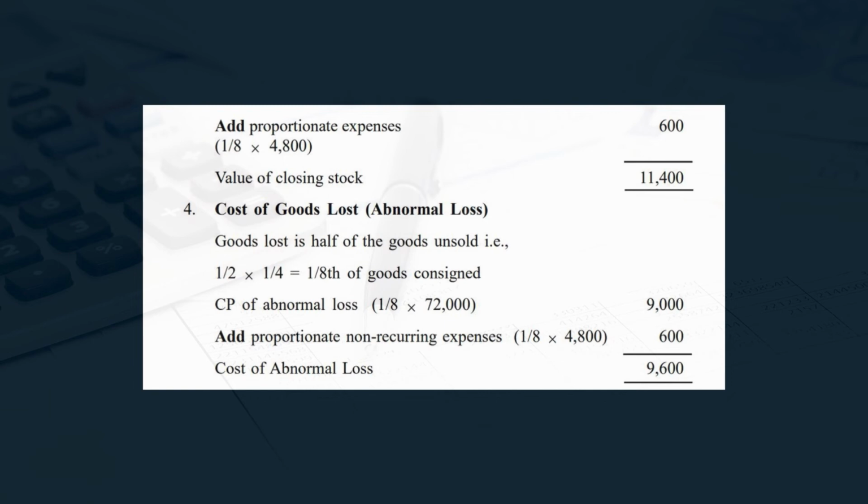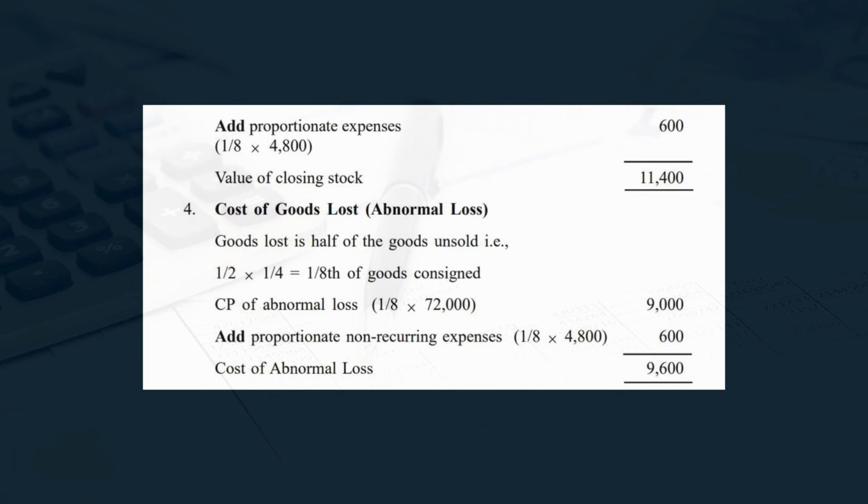So goods lost is half of the goods unsold. Goods unsold is 1/4. So half of 1/4 means 1/8 of the goods consigned. The cost price of the goods consigned was 72,000, so 1/8 of this is 9,000.